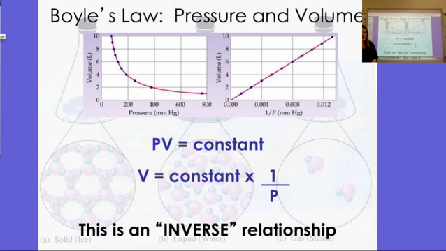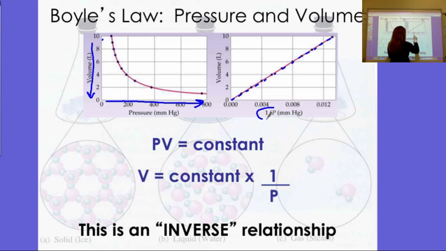Here's a graph, if you like graphs, to show you that as pressure increases, the volume decreases. Or, if you remember from physics when we flip the graphs, if you normalize this graph, you can relate pressure and volume in a linear fashion if you graph 1 over the pressure.